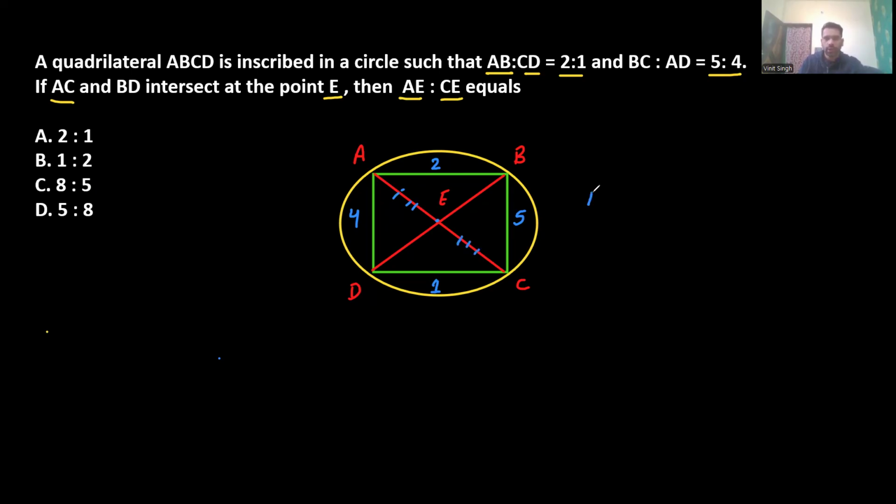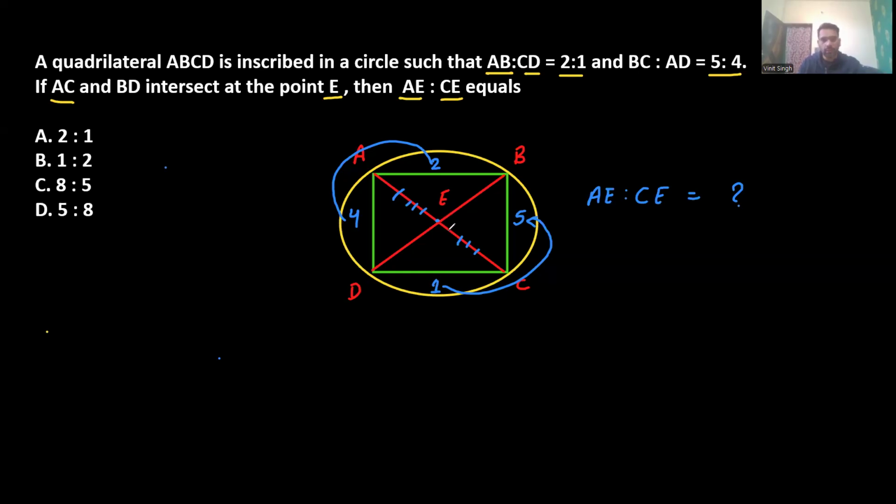Now, in this case, when a quadrilateral is inscribed in a circle, we can say it is a cyclic quadrilateral, and we have to find the ratio of AE and EC, the point where the two diagonals cut each other. Then we multiply these two numbers. This is a property of a cyclic quadrilateral.